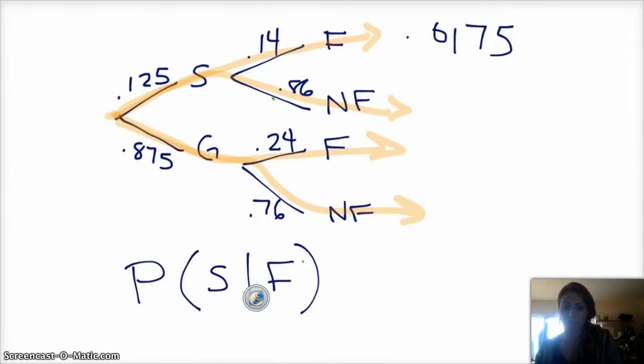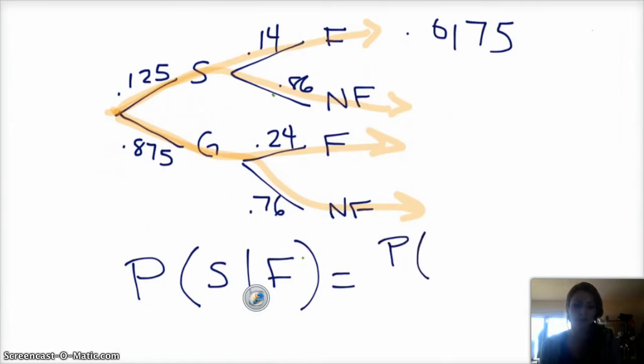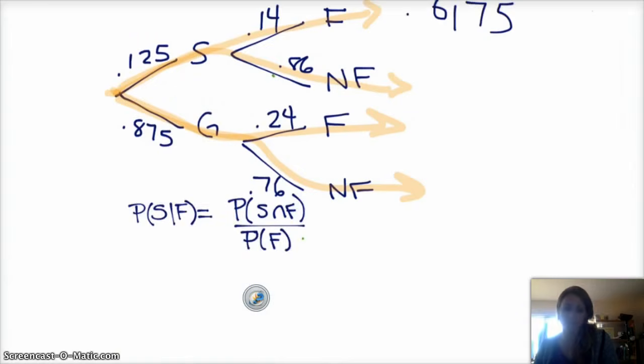All right, so the probability of the senior given that they got the flu. Using the formula in your packet, the probability of senior given that you know that they had the flu is the probability of both things happening at the same time, the probability of S and F, divided by the probability of getting the flu.